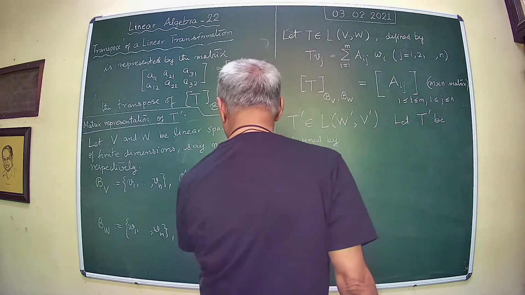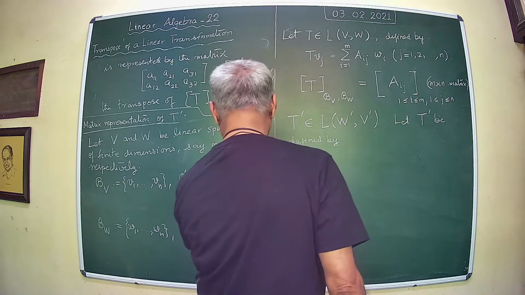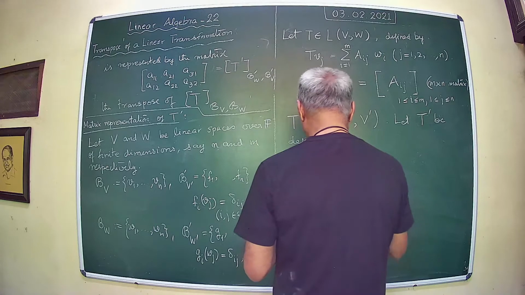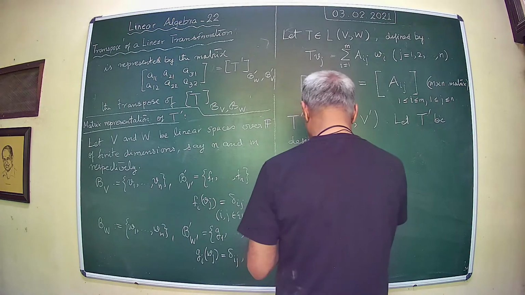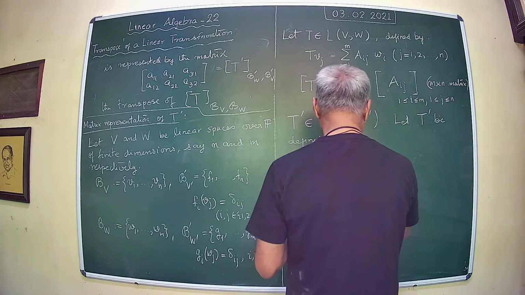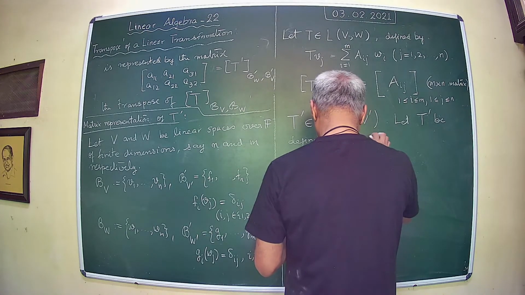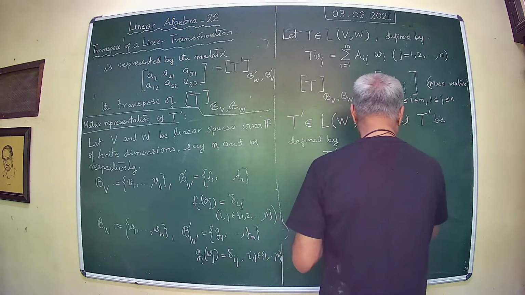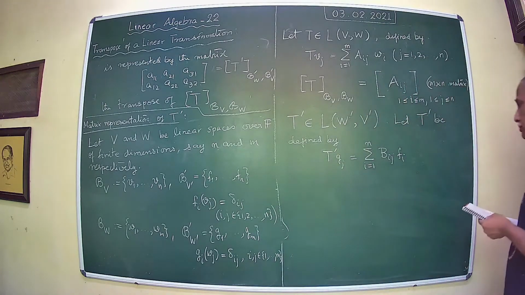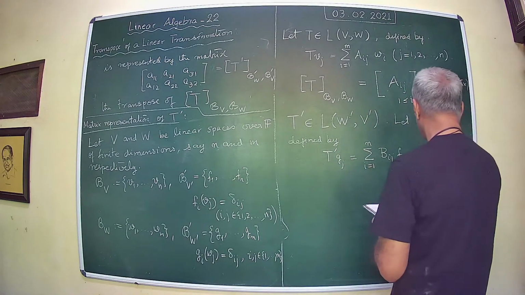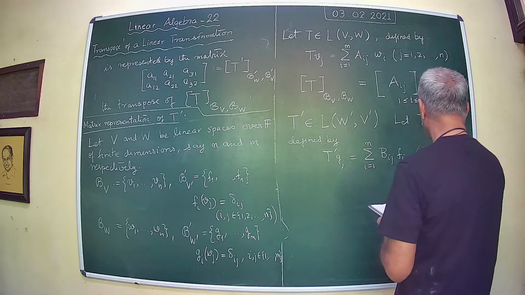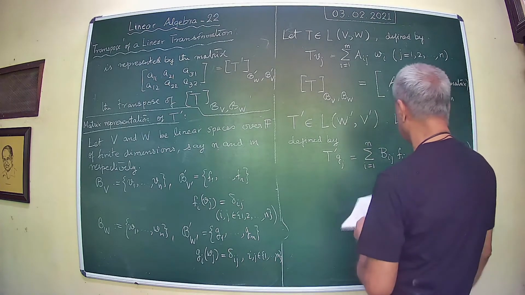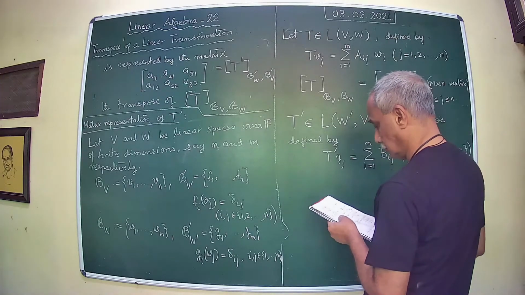To see what happens to the dual basis, T prime of gj equals sigma i equal to 1 to n, bij fi.